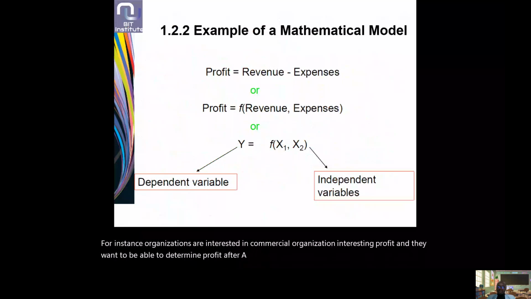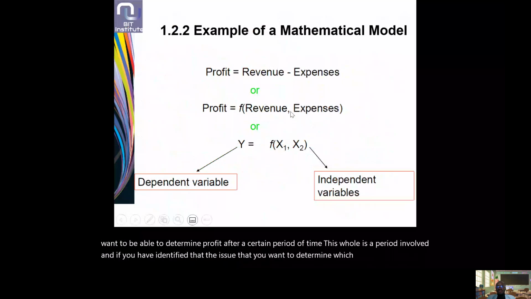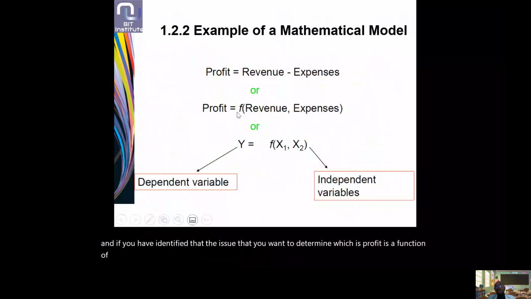There's always a period involved. If you have identified that the issue you want to determine, which is profit, is a function of revenue and expenses, it means you need to determine where the data for revenue and expenses is, that you can use to determine the dependent variable, which is profit.